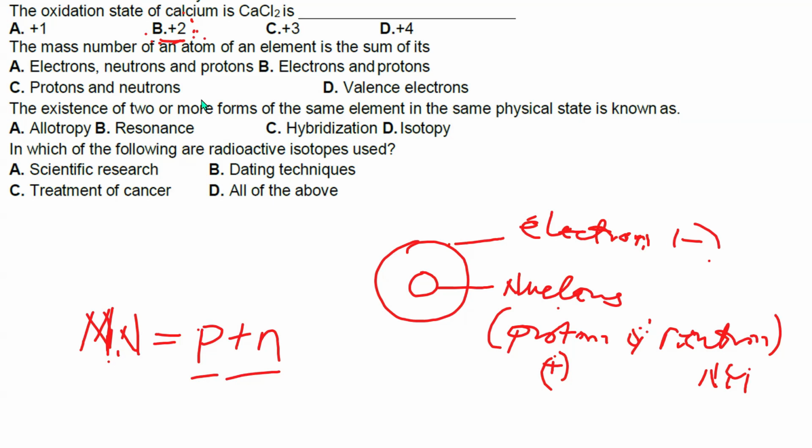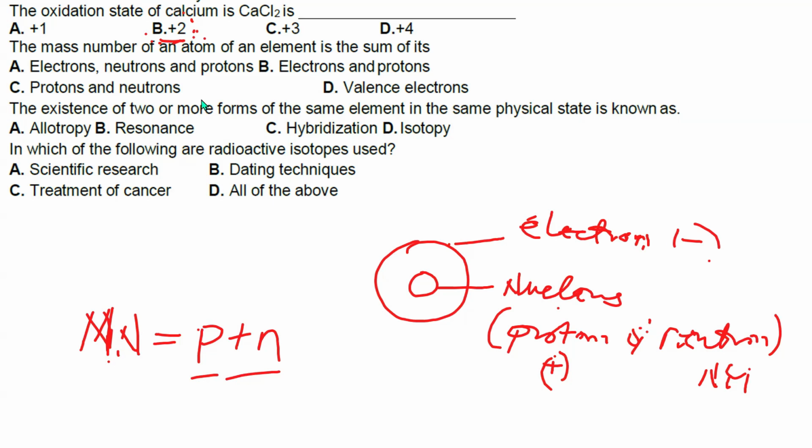Of course, in scientific research, we use radioactive isotopes. For example, if you want to know the location of a particular material or substance, you can use radioactive substances to trace the position or location of a particular disease. That is what we call a radioactive tracer. Then with dating using radioactive elements, you will be able to know the age of a particular material, like rocks.